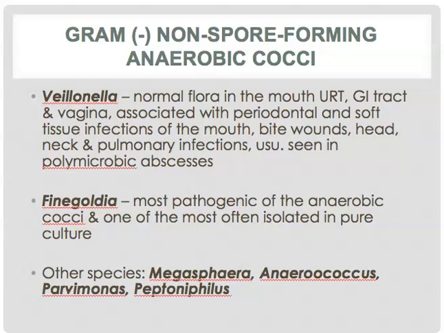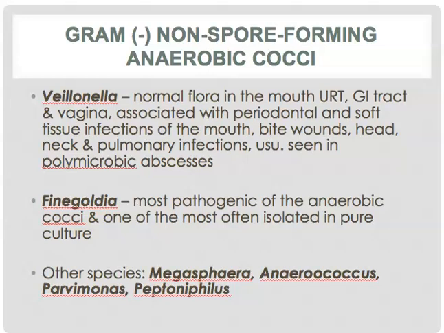Okay, this next group is gram-negative non-spore forming anaerobic cocci. A lot of subgroups with the anaerobes. So we've got Veillonella, which is normal flora in the mouth, upper respiratory tract, GI tract, and vagina. It's associated with periodontal and soft tissue infections of the mouth. Can be implicated in bite wounds, head, neck, and pulmonary infections.